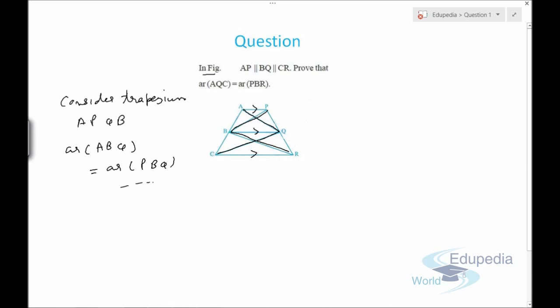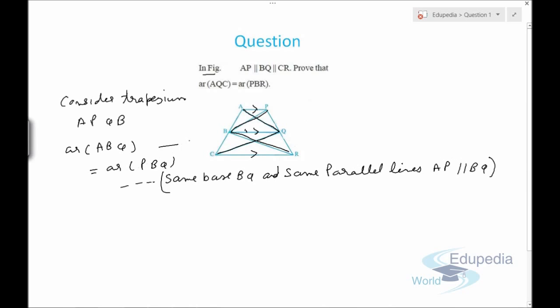Why are they equal? Because they share the same base BQ and they are between the same parallel lines AP and BQ. So let's say this is the first equation.